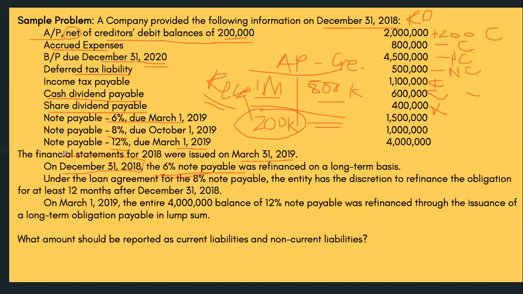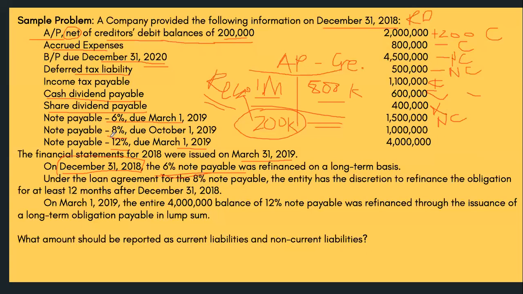Therefore, the classification of this 6% note payable is non-current. If refinanced on or before the reporting date, the classification is non-current.